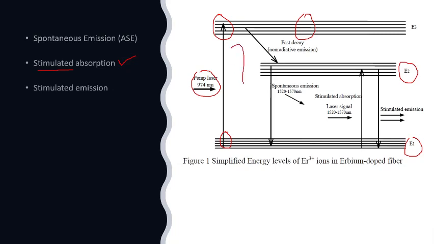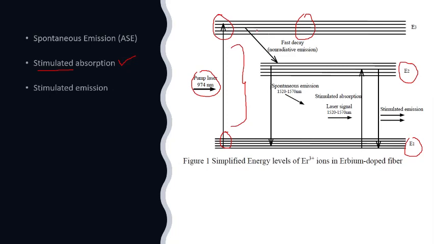This process of ions going from the ground state to the excited state through a pump laser is known as stimulated absorption. They take the energy of the pump laser and go into the excited state.